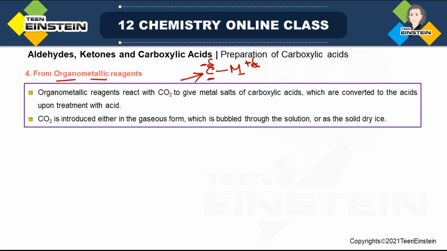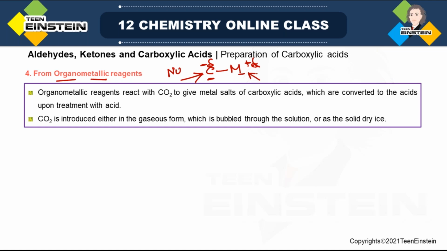So the carbon side will always act as a nucleophile, and this side is basically the positive side. Among organometallic reagents, the first name that comes to our mind is the Grignard reagent, obviously. In Grignard reagent, there is a carbon-magnesium bond. The metal used is magnesium, but organometallic compounds are not restricted to Grignard. Obviously, this is the most common.